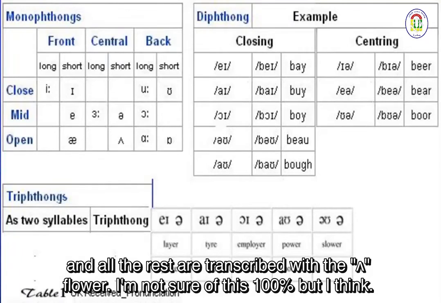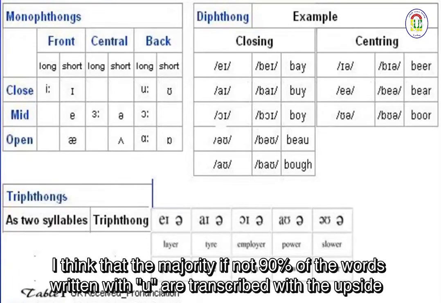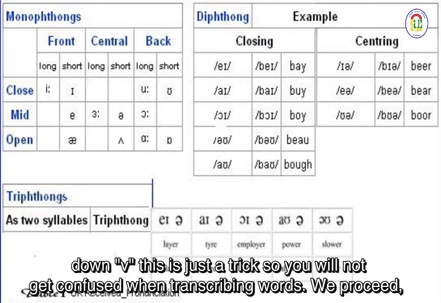I'm not sure of this 100%, but I think that the majority, if not 90% of words written with U, are transcribed with the upside down V. This is just a trick, so you will not get confused when transcribing words.